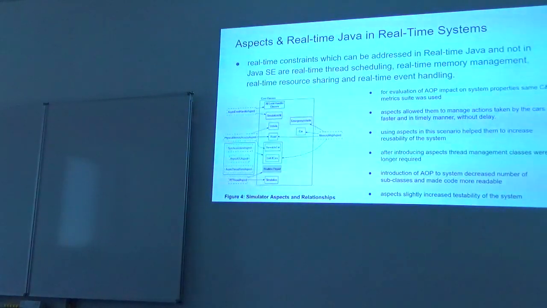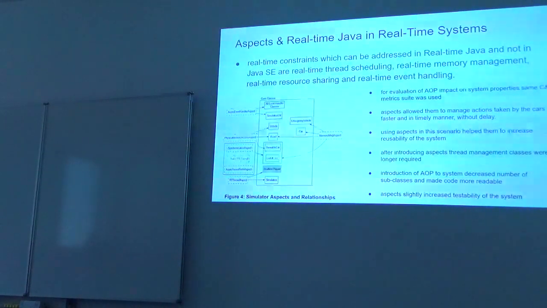Here, another set of researchers, in this case from Trinity College in Dublin, were searching for what the AOP approach does to system properties. They used a traffic management system as an example with its real-time constraints and implemented this traffic system in real-time Java, both in the OOP approach and the AOP approach, so this is a common pattern in research.